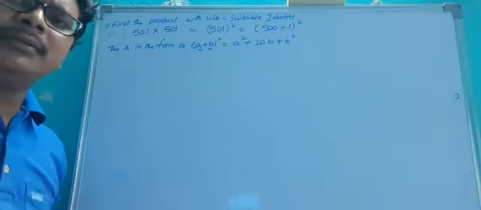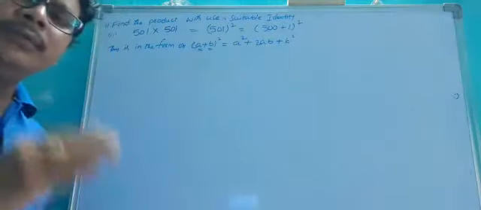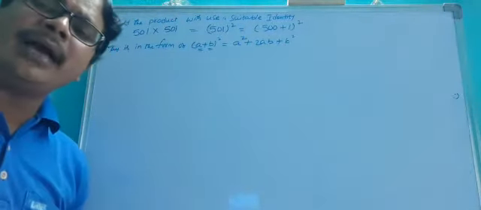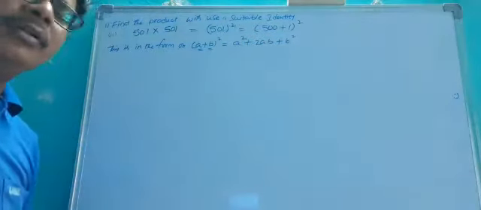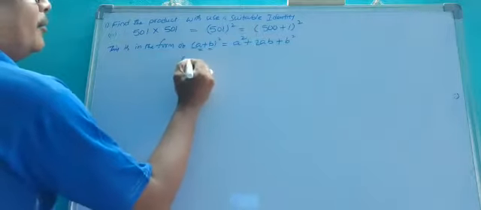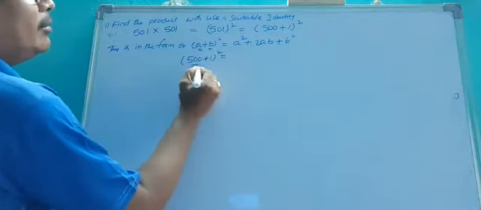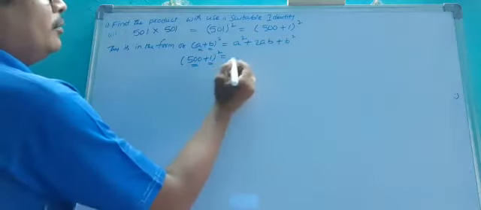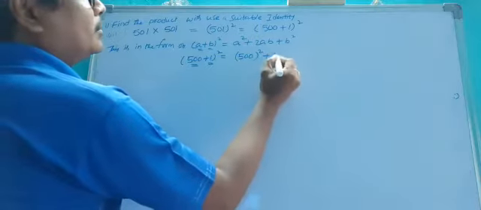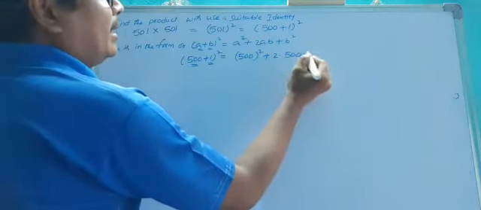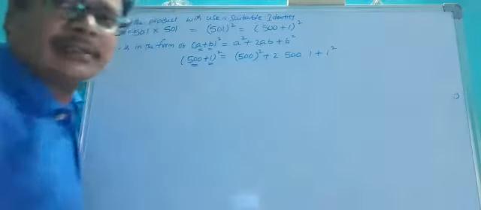Now this is in the form of (a + b) whole square, so we use that identity. Here a equal to 500, b equal to 1. So 500 square plus 2 into 500 into 1 plus 1 square.